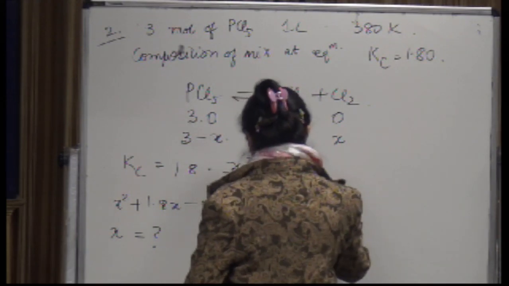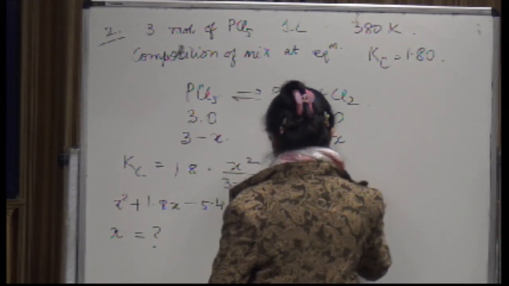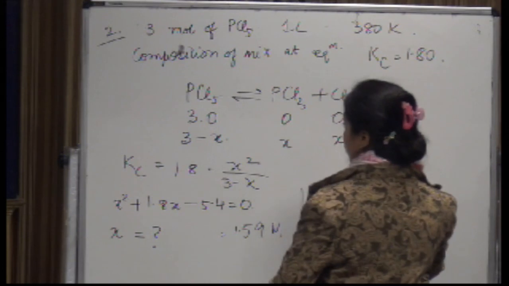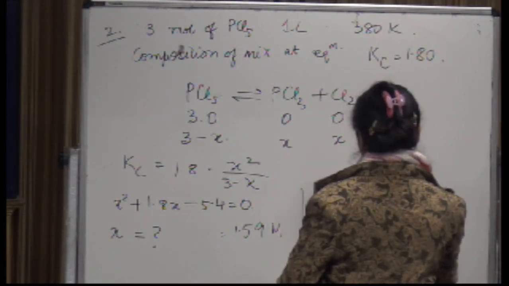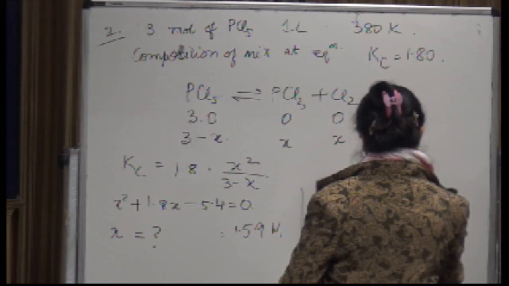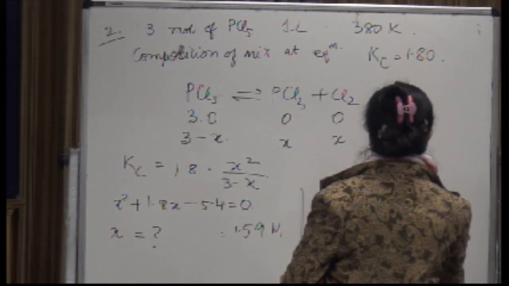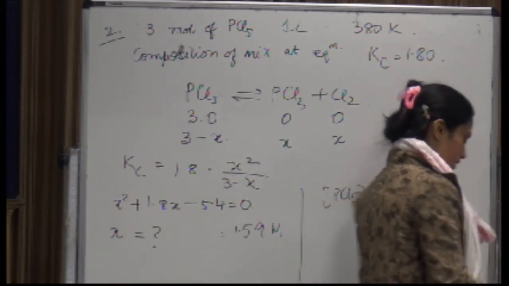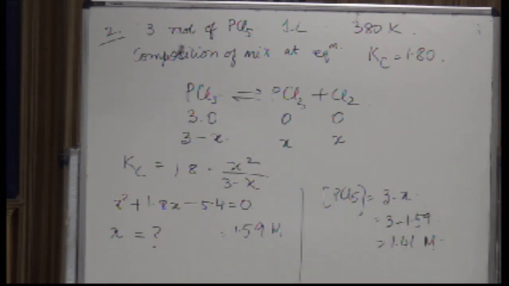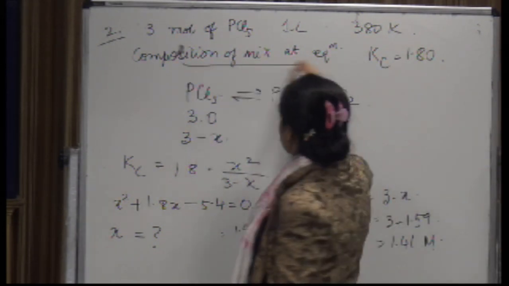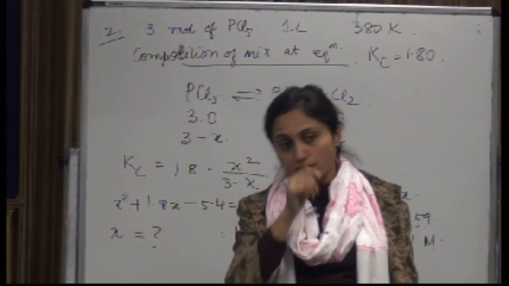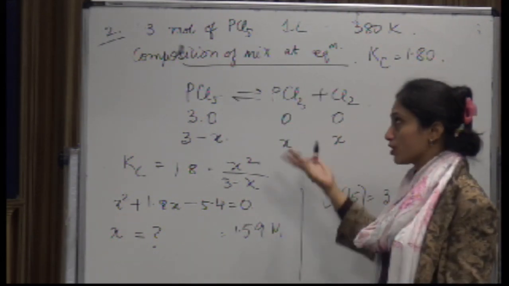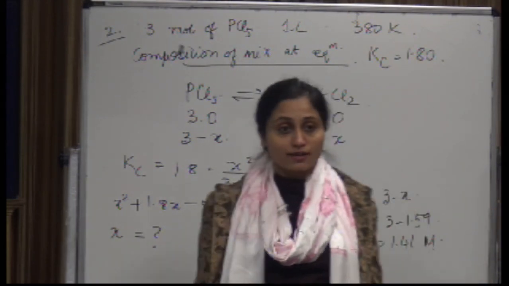Then PCl5 will be equal to 3 minus x, which is 3 minus 1.59, that is equal to 1.41 molar. So that way you can give the composition of the mixture at equilibrium, which means you are supposed to give the concentration of the reactants and the products at equilibrium, and this again goes according to the stoichiometric coefficients of the reaction that you should know.